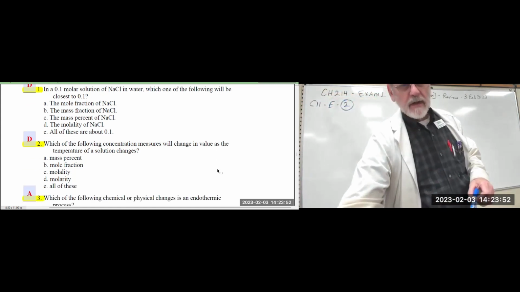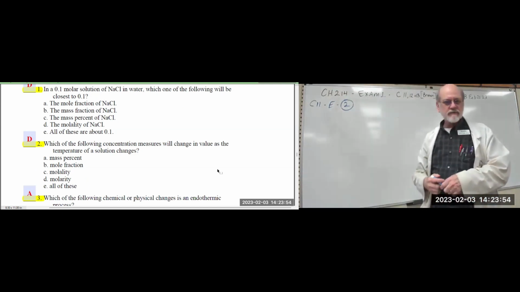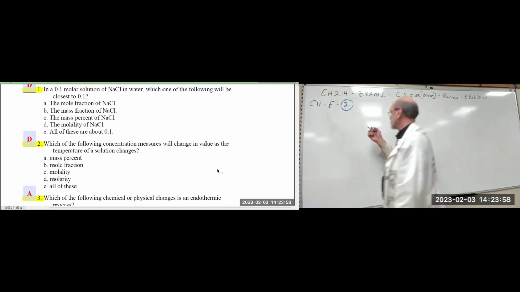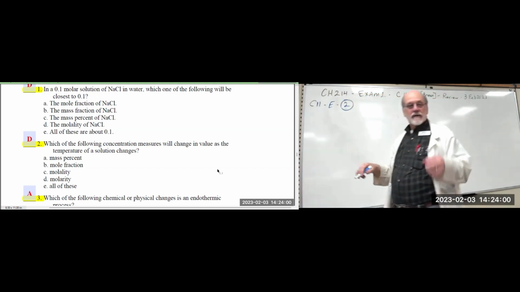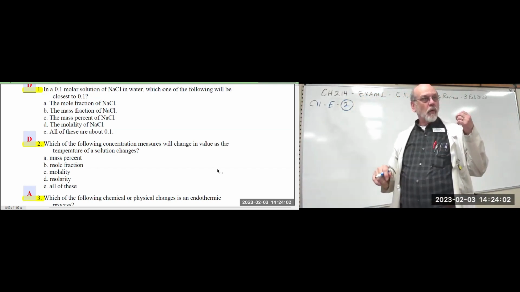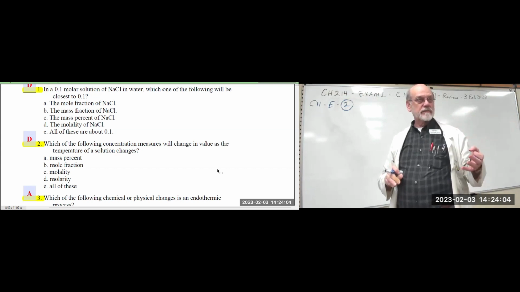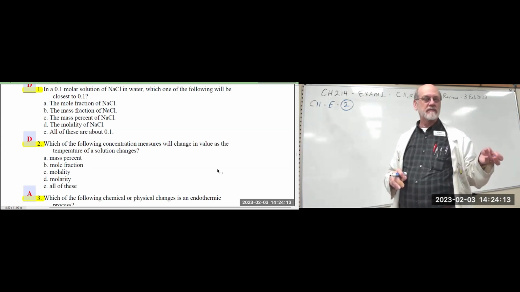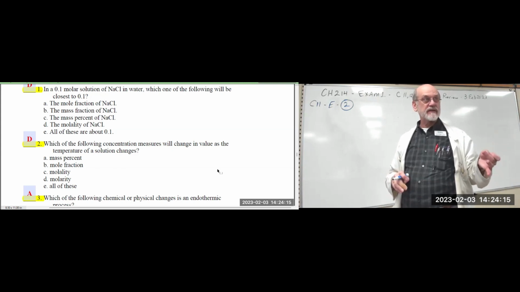Two, which of the following concentration measures will change in value as the temperature of the solution changes? All right. So what is affected by temperature? Is mass? No. Number of moles, number of particles? No. Volume is affected by temperature.